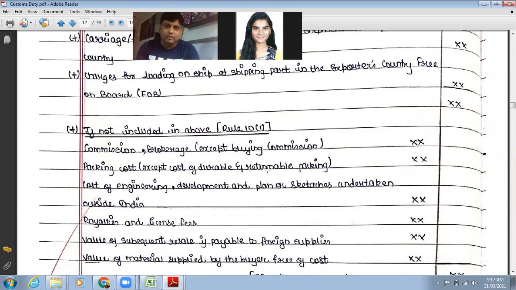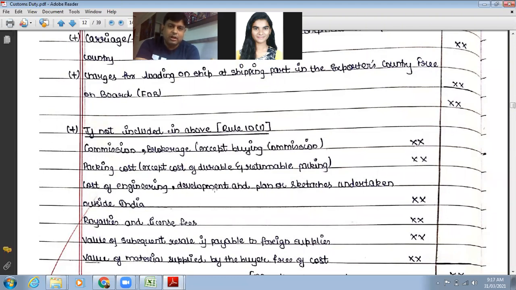But if it is basic packing, which is required for getting the product or to be sold along with the product, those are part and parcel of the ex-factory cost. But here the packing cost is except the durable and returnable packing. Okay, if such kind of packing is there, then that packing cost will not be part and parcel of the FOB price or FOB cost.